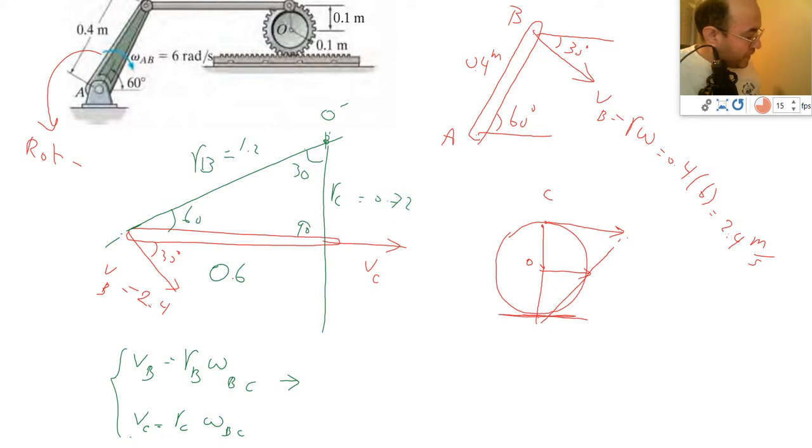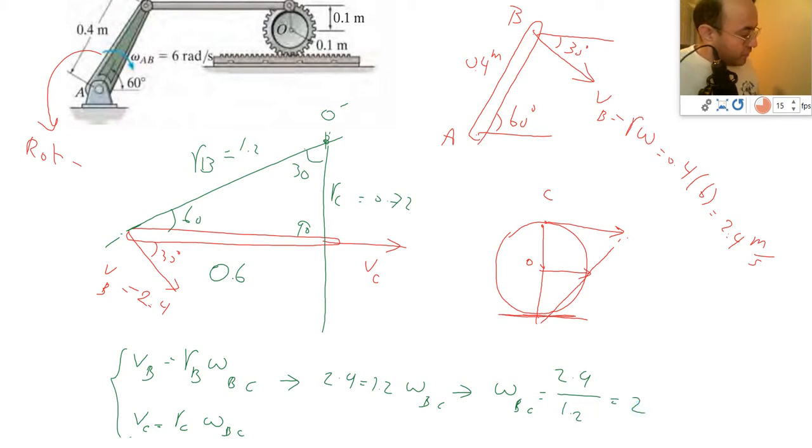Velocity at B is 2.4, which is equal to RB, 1.2, times omega BC. Omega BC is equal to 2.4 divided by 1.2, and the answer is just 2.